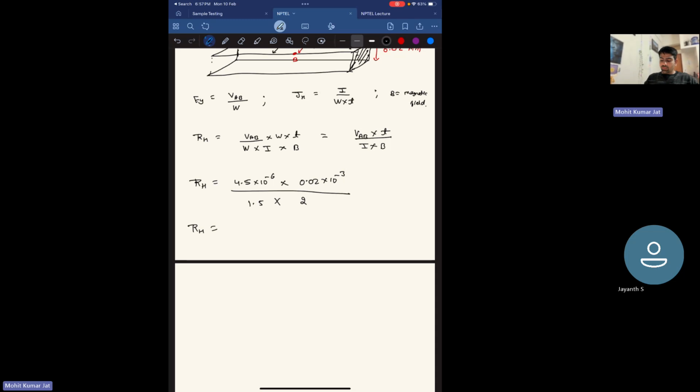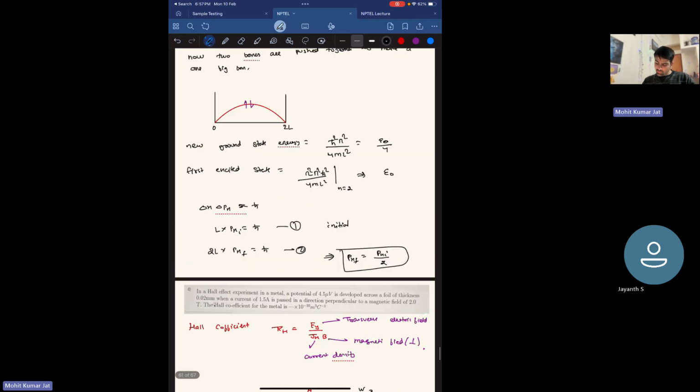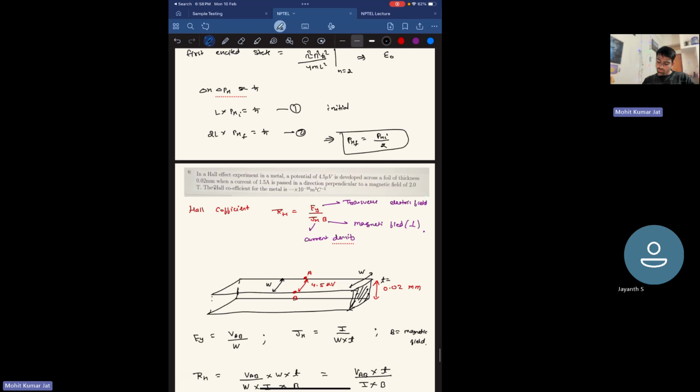It will be 0.03 times 10 power minus 9, or 3 into 10 power minus 11, right? So 3 into 10 power minus 11, and if I look at the units, it will be meter cube per coulomb, I think. I'll just check the units. It will be meter cube per coulomb.